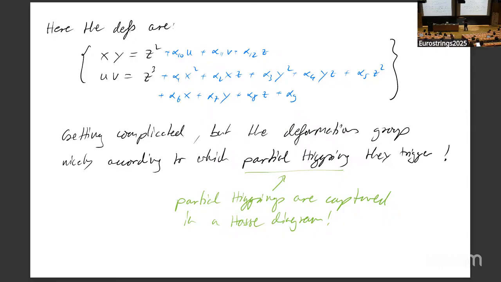magnetic quivers. So we can look at the partial Higgsings of our theory. And partial Higgsings can be captured in what is called a Hasse diagram. A Hasse diagram is just a partial order as a picture. That's it, nothing fancy. So partial Higgsings, of course, are partially ordered, and that's what I'll show you.